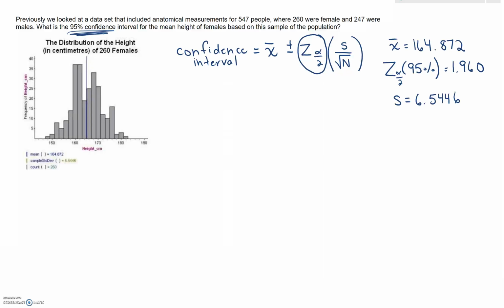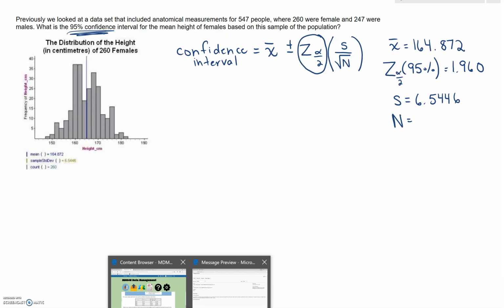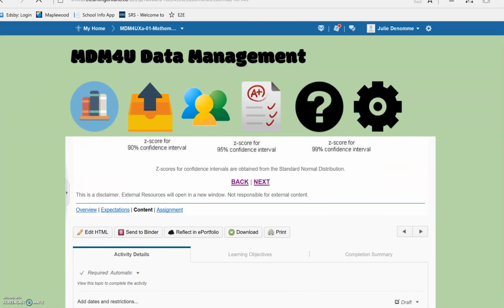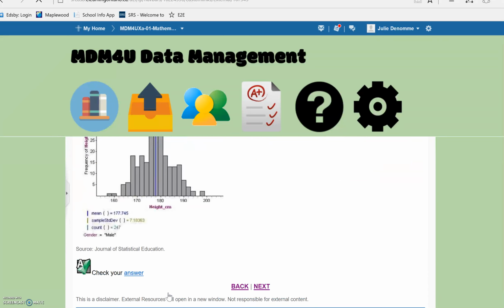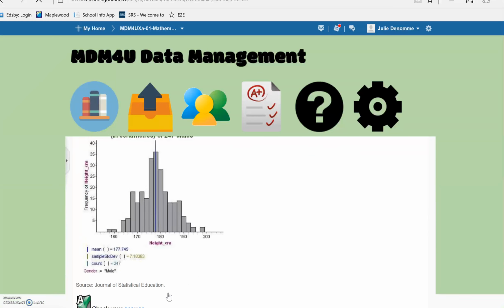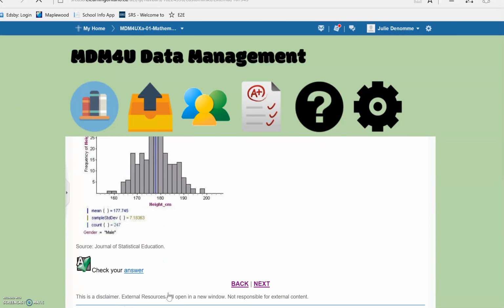Okay. Now, we need to know what our population is. Remember what's your random variable? It's the interval for the mean height of females based on the sample of this population. So you're looking for the n value. What is the 95 based on the population? Yeah.